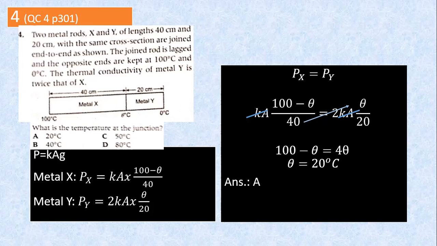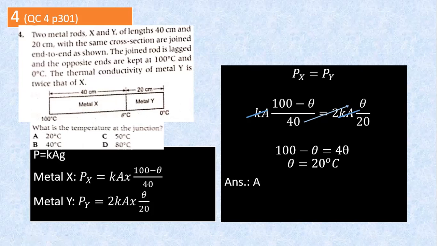The A we cancel off on both sides. Or you can take the KA down, then we cancel off. The A are the same cross section, so no need. Take the 40 across there, 40 and 20 cancel, still got 2 times 2 is 4, and this is 100 minus theta.